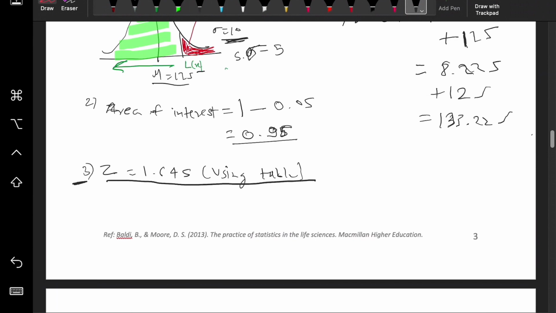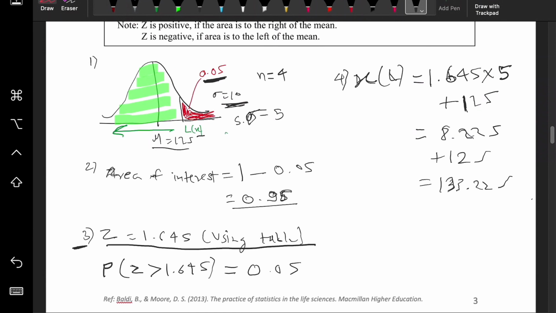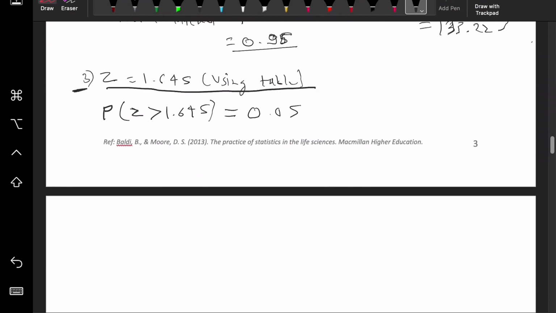So you can say that you were looking for the probability of z being more than 1.645, and that was given to you as 0.05, because that's nothing but the area highlighted in the red, that's greater than the L value, right? So that's why we are writing it as z greater than 1.645.